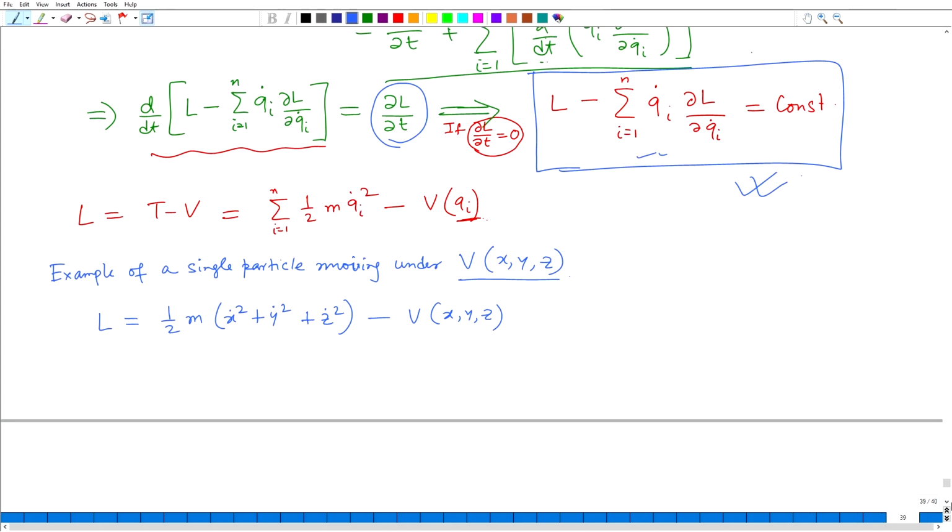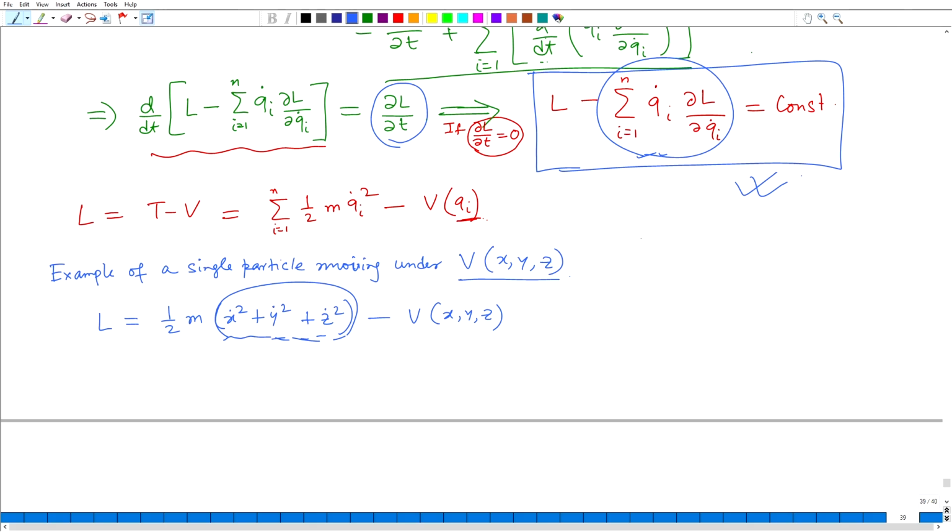Since there is no further constraint, one actually can take x, y and z to be the system of generalized coordinates. That is also possible for this system. The Cartesian system is the system of generalized coordinates, and you will have this quantity to be determined.